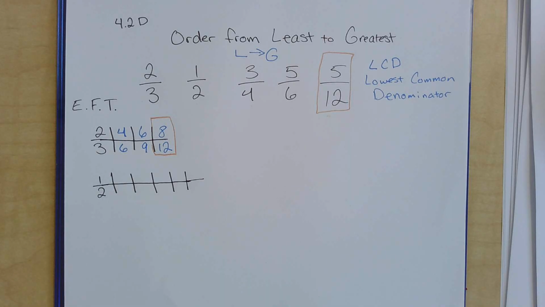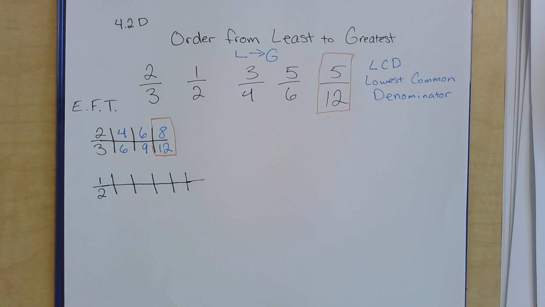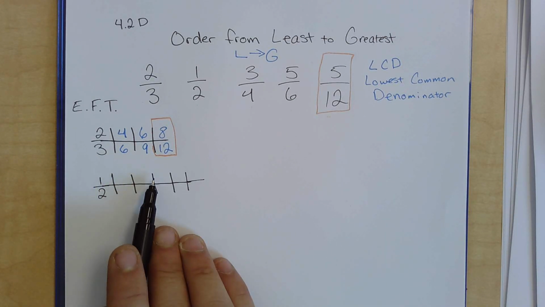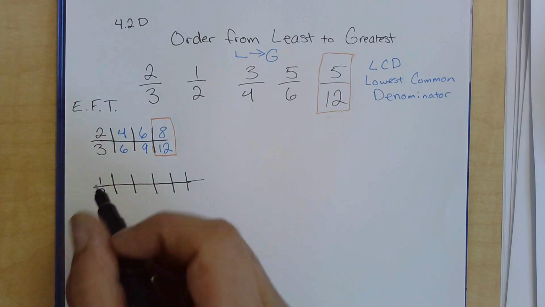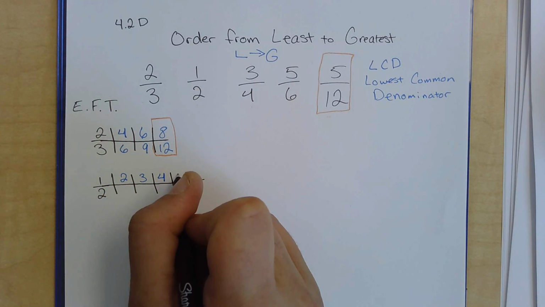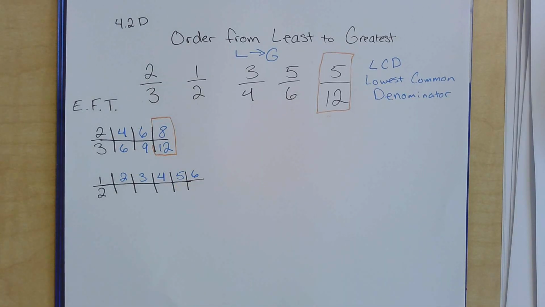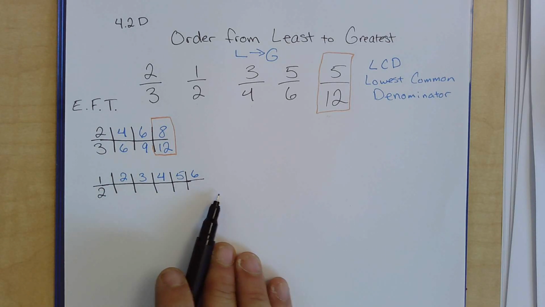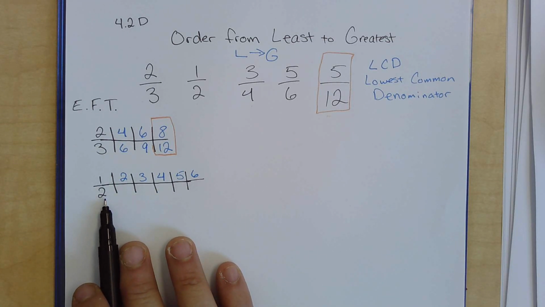All right, same thing here. We're going to skip count by the value of my numerator. In this case, our numerator is 1. So we're just going to skip count by 1 until we get to the end: 1, 2, 3, 4, 5, 6. And I'm going to do exactly the same thing on the bottom. I'm going to skip count by the value of my denominator.